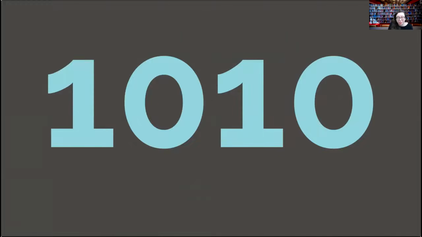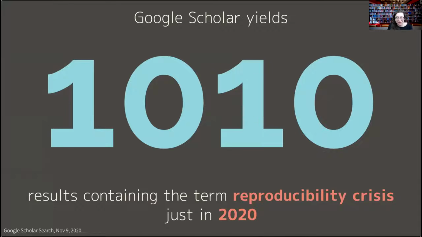And here's another number. I did a Google Scholar search yesterday, and since the beginning of 2020, the term reproducibility crisis appeared 1,010 times in published articles this year. This is another striking number, but I also want to be a little bit honest here. There's potentially a little bit of publication bias, because if you have striking things you're saying in your paper, maybe it's more likely to be published.